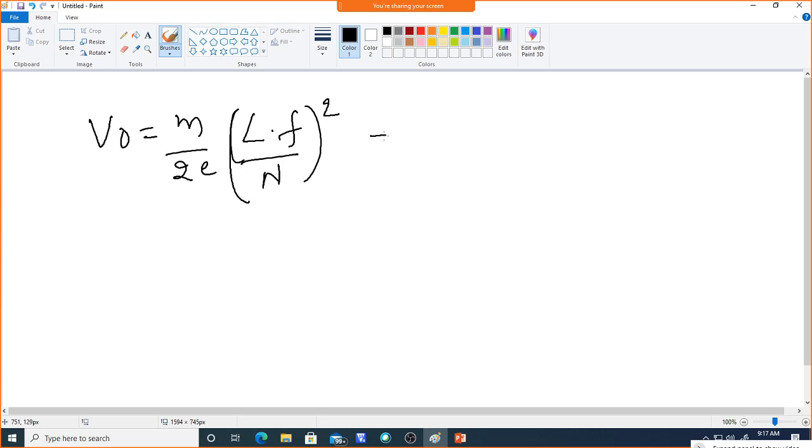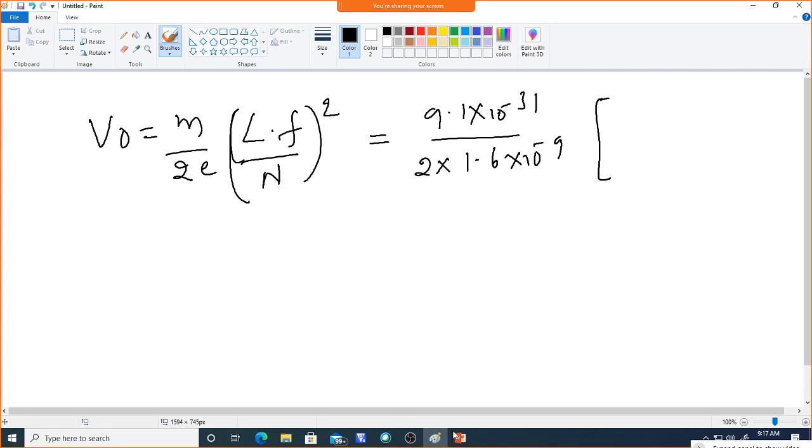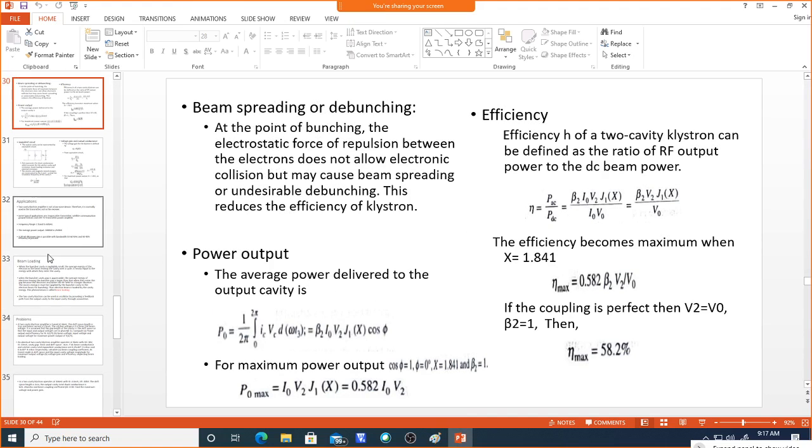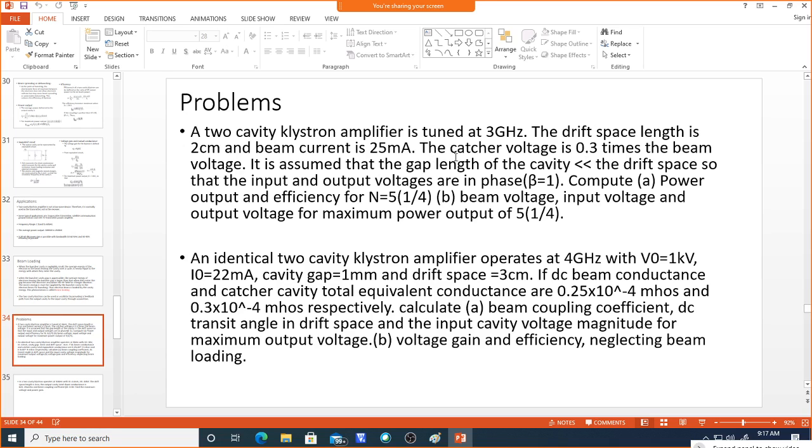Here m is the mass of the electron, 9.1 into 10 power minus 31, and e is the charge, 1.6 into 10 power minus 19, and L is the drift space length. How much is it given?